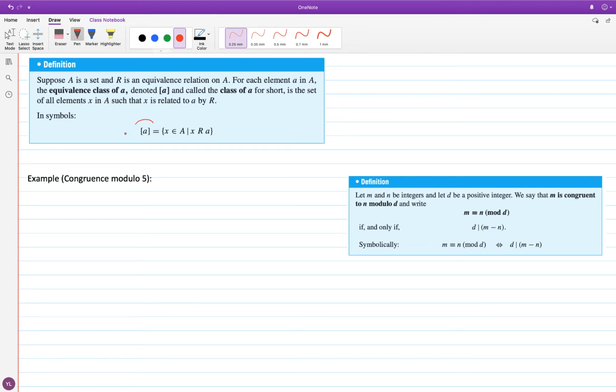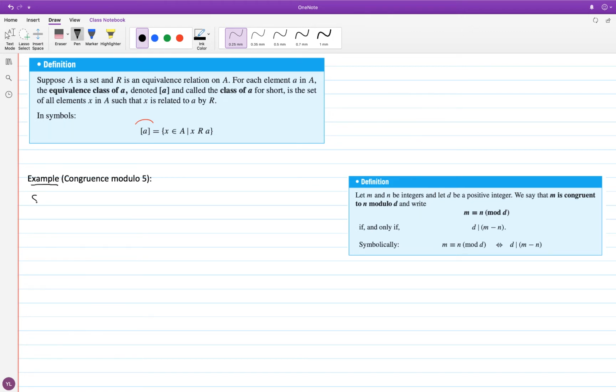Let's explore this notion through the most common example of an equivalence relation. Let's do congruence mod 5, but we could do congruence mod any integer that we like. Okay, so let me review what congruence mod 5 means.